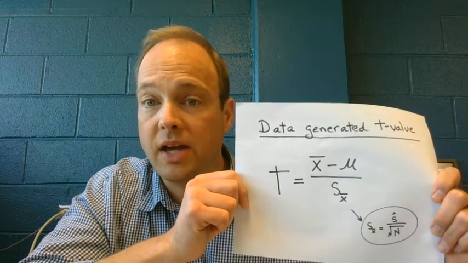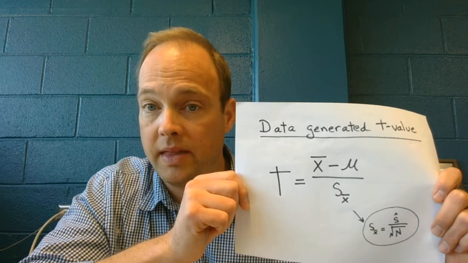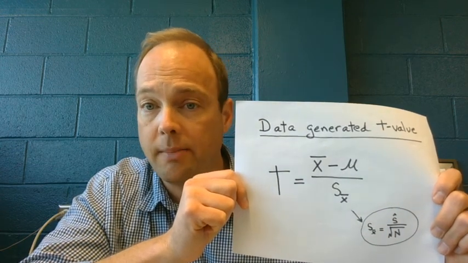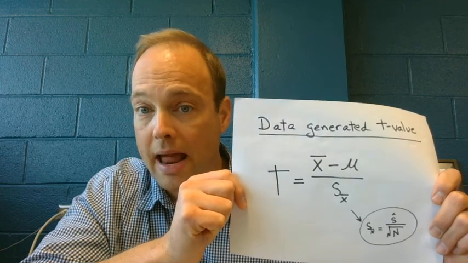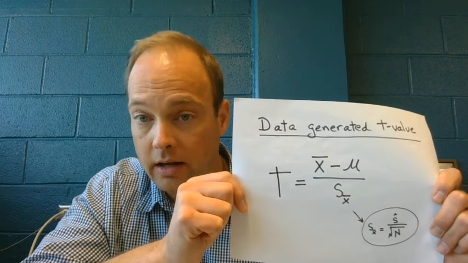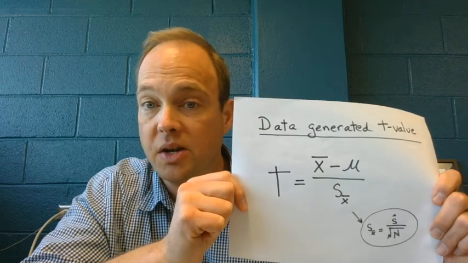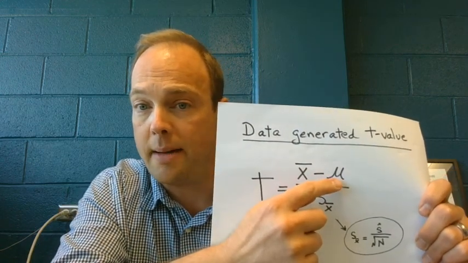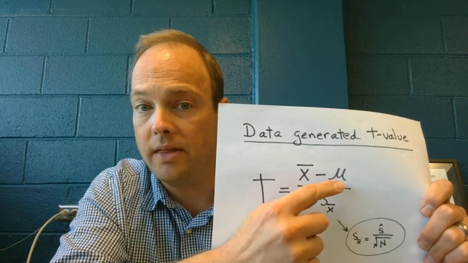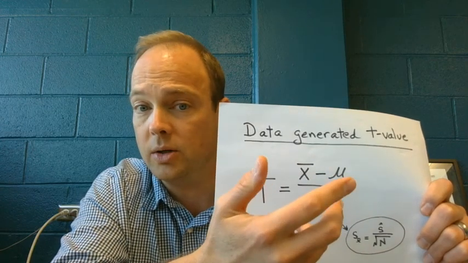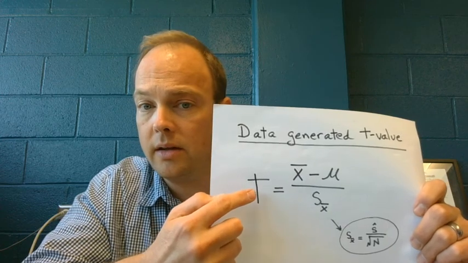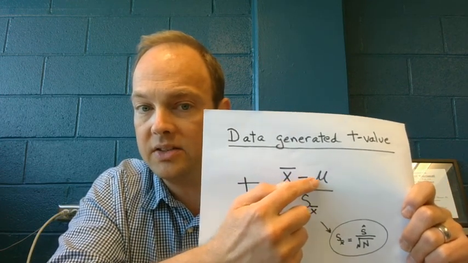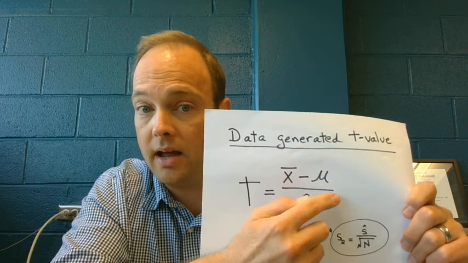All those hypotheses that I used as examples to illustrate a t-test for one sample had a parameter included in them. Population mean equals. Well, the population mean is the given parameter, the assumed parameter. So data-generated t equals sample mean minus the given population mean.